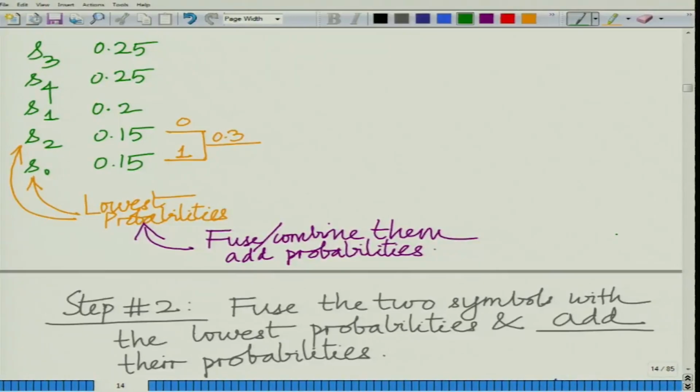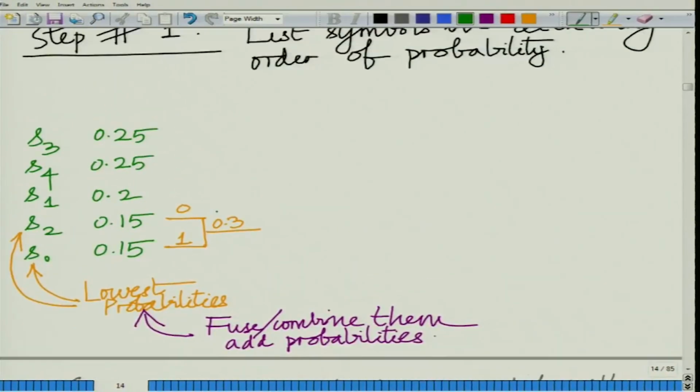Now if you look at this stage, the probabilities that we have are 0.25, 0.25, 0.2 and the fused symbol with 0.3. Naturally this fused symbol with probability 0.3 will go to the top because it now has the highest probability by virtue of the addition of probability.